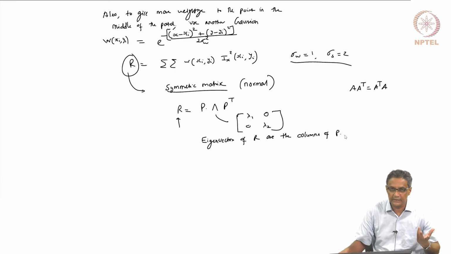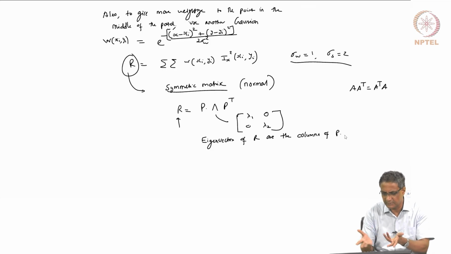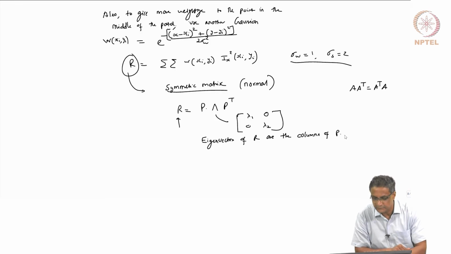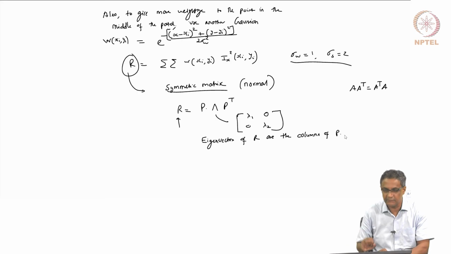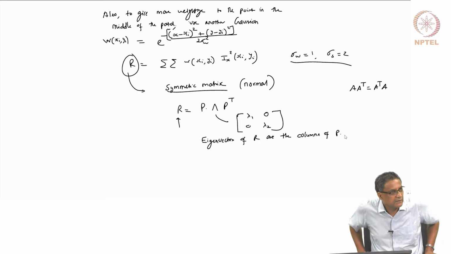You have a covariance matrix, R, with all whatever you expect of a covariance matrix. Now, when you have a covariance matrix and you have done this eigenvalue eigen decomposition, what do the eigenvectors really tell you?